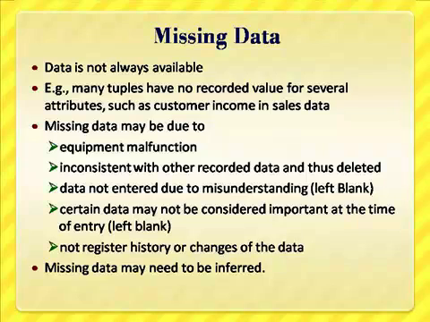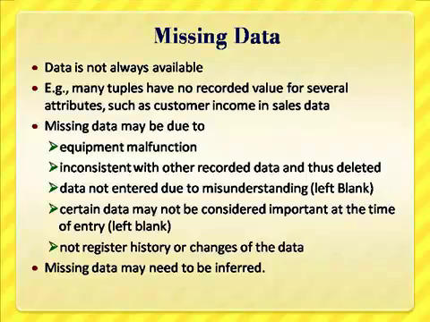Certain data may not be considered important at the time of entry, and in that situation also we put a blank value. And sometimes we may not register historical changes of the data. So therefore we must have a mechanism to infer the missing data. Before filling the missing value, we should also know how the data is collected and what the reasons for missing are.